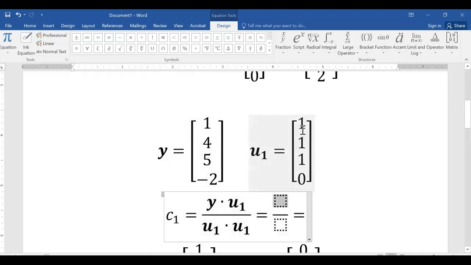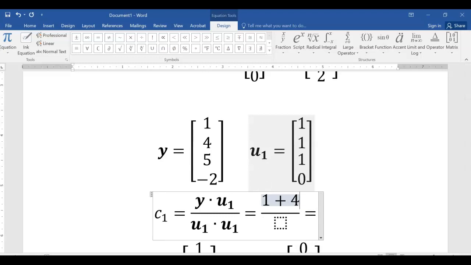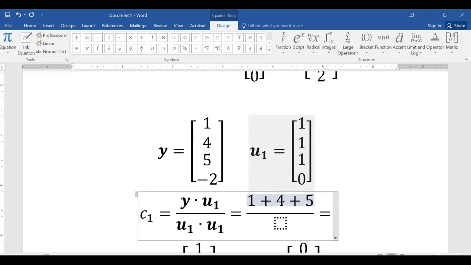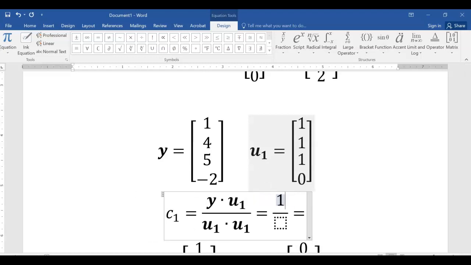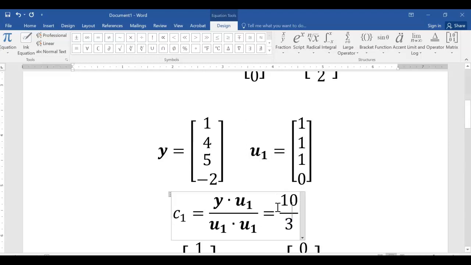Now u1 I'm calling the 1110 vector. So if you do inner product with y, u1, you get 1 plus 4 plus 5, which is just a 10. Now if I do u1 inner product with itself, I get 1 plus 1 plus 1 plus 0. I get 3. So 10/3 is my coefficient.